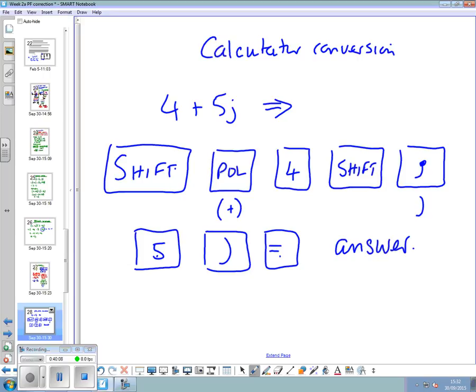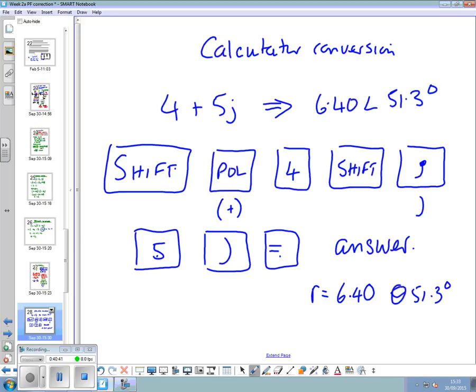What you get is R equals 6.40 to 3 significant figures, which I generally work to with these, and the angle equal to 51.3 degrees. So we're talking about 6.40 angle 51.3 degrees.